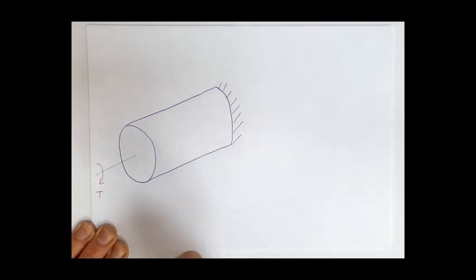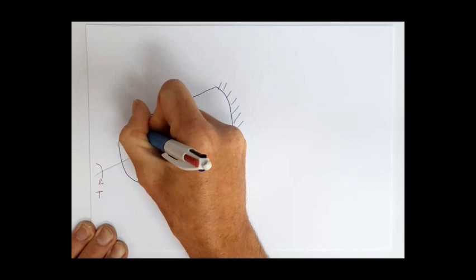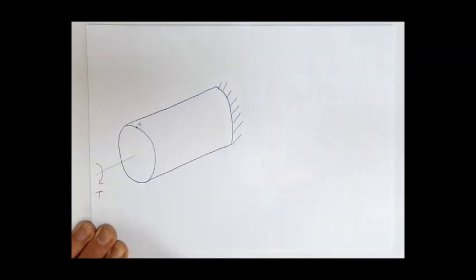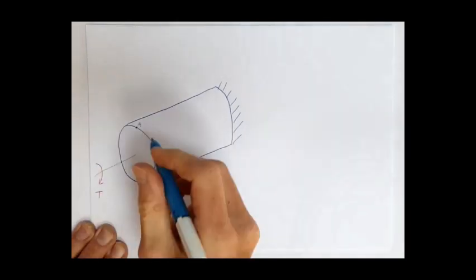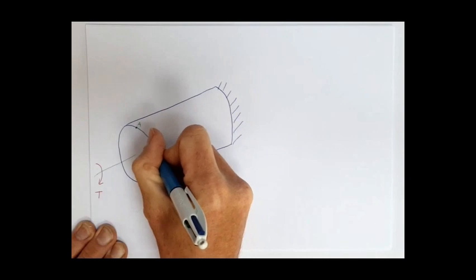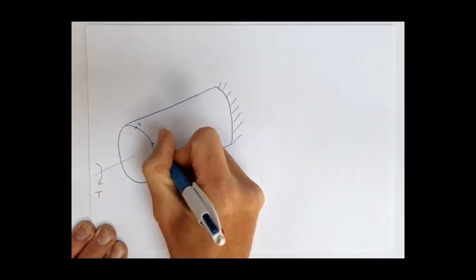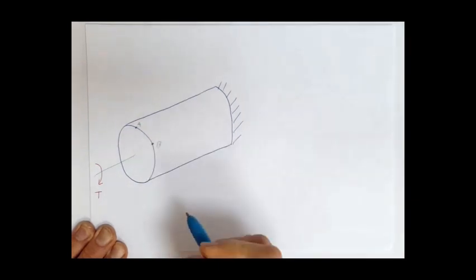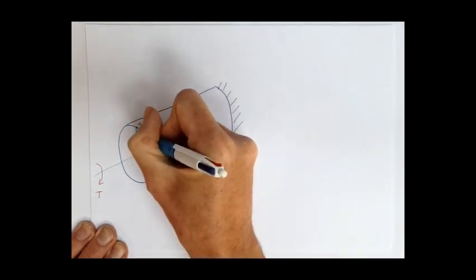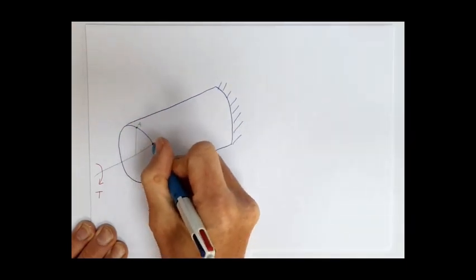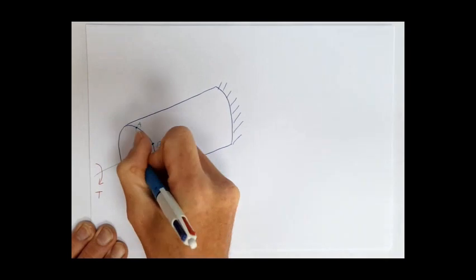such that a part which initially, let's call it A, is in this location. Because of that torque, A is moved around to this location, which we'll call B. So that has moved through an angle theta.